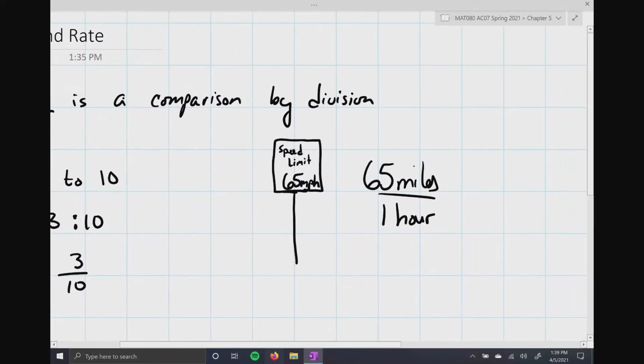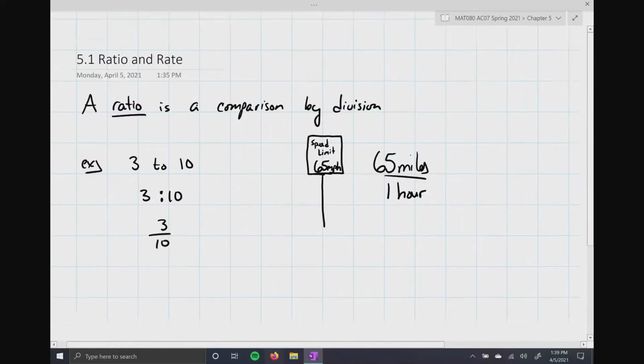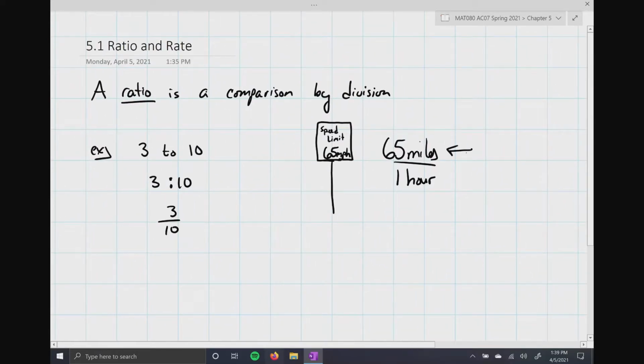Now, I'm going to zoom out here a little bit. These are called unlike measurements, okay? Meaning that they're 2 different ways to describe the numbers.